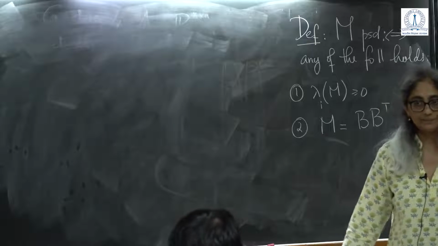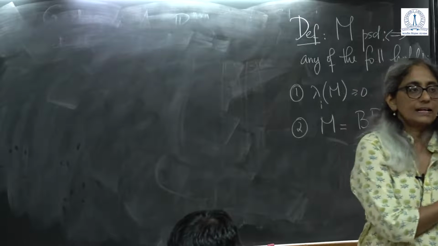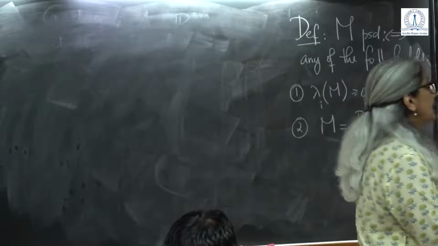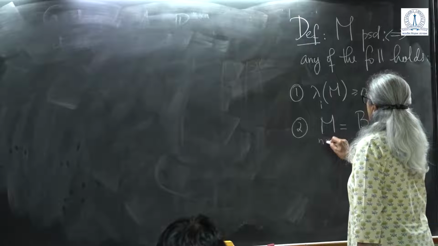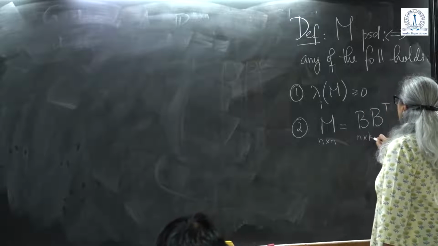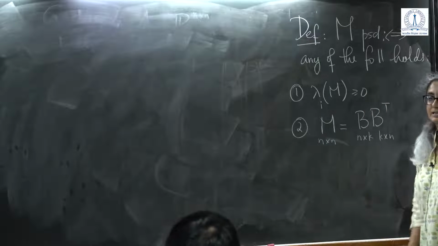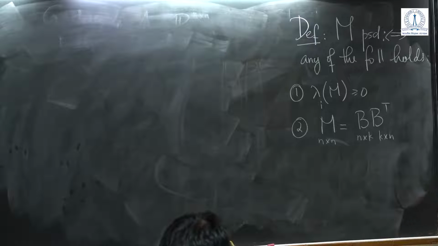If you can show that, then it's PSD. So if M is some n by n matrix, then B could be n by k and B transpose is k by n. So B doesn't have to be square. It's just a matrix that multiplies against its transpose to give you back M.